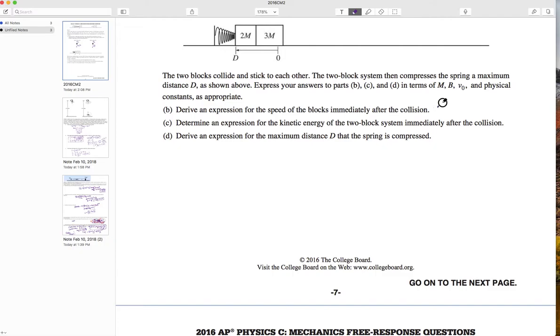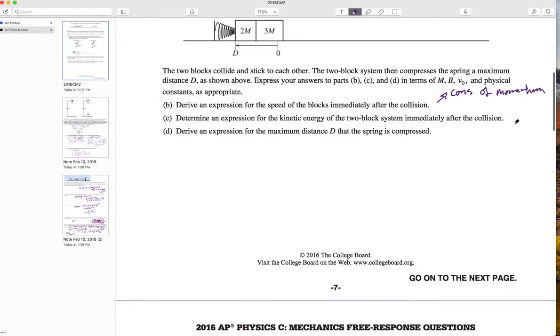So this might involve conservation of momentum. This takes that value from there and is just a kinetic energy calculation. And then finally, the maximum distance that a spring is compressed, that's something that we might want to calculate from the spring equation that was given above.